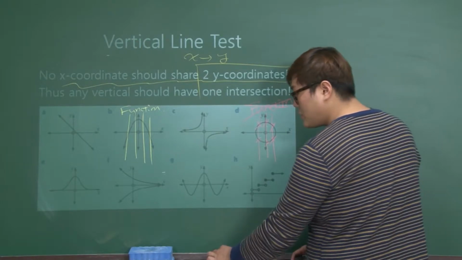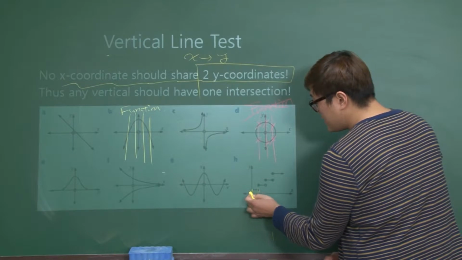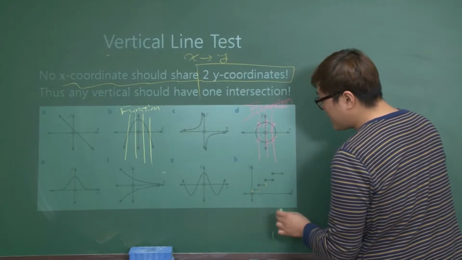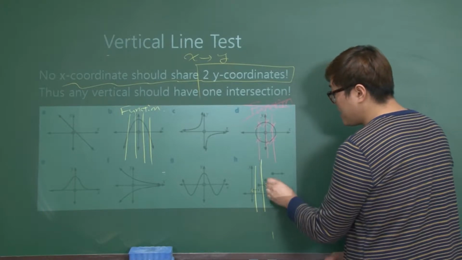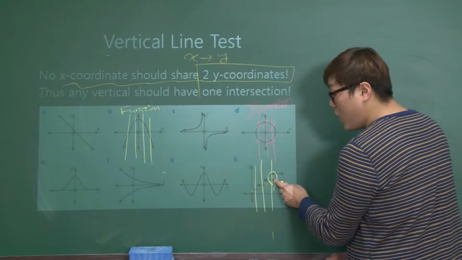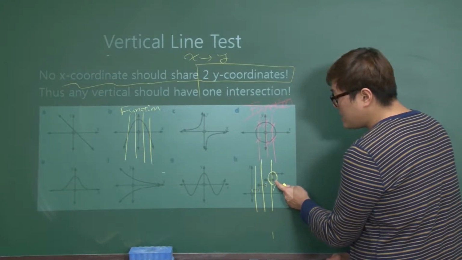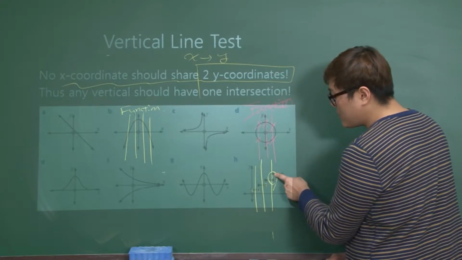Okay, what about H? The hole means the value is not included here. So it seems like this is a function, but if you draw a line at this point, there's no hole on both, so this vertical line has 2 intersections with the given graph.